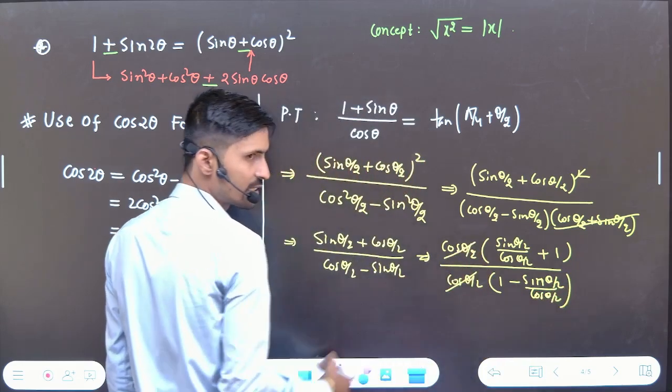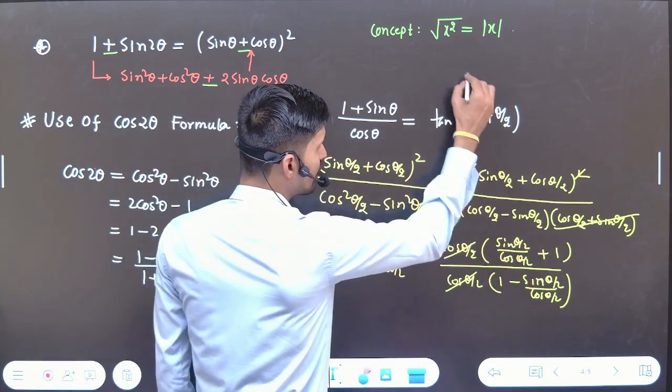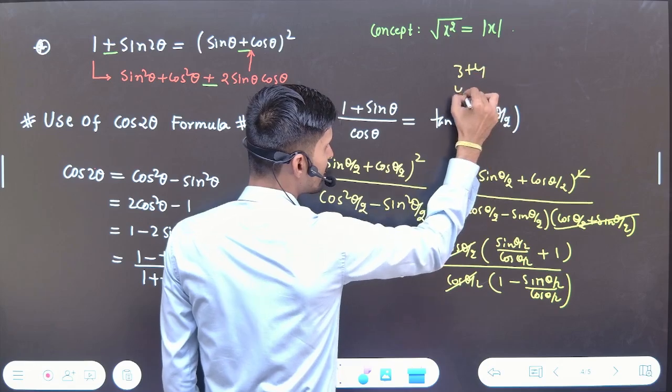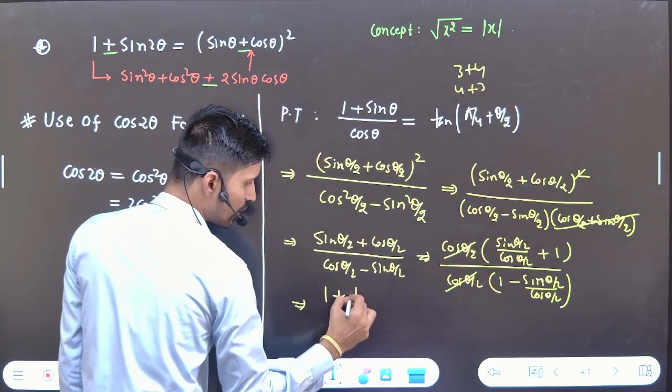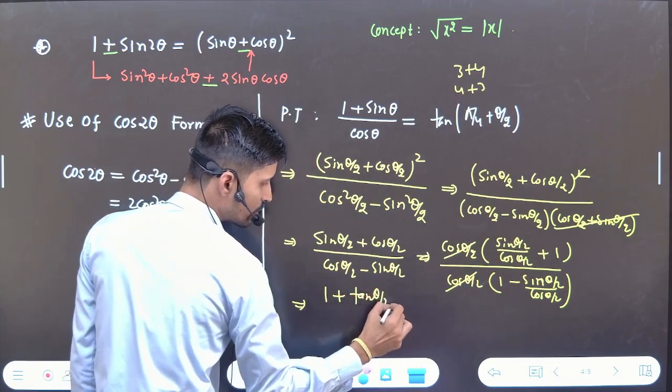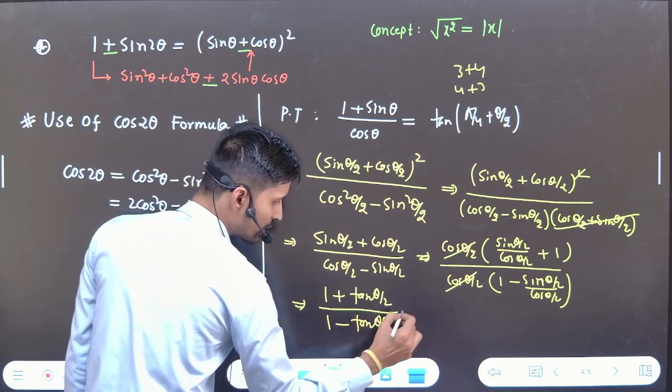This both will get cancelled. Now what will this become? Acha, 3 plus 4, can we write 4 plus 3? So can we write this first? 1 plus tan theta by 2 upon 1 minus tan theta by 2.